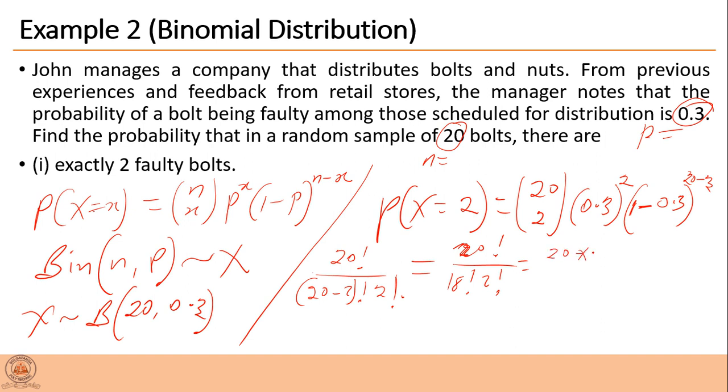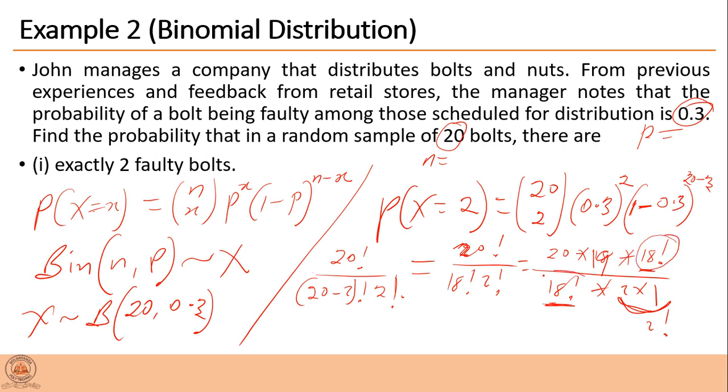So we have 20 times 19 multiplied by 18 factorial, all over 18 factorial times 2 times 1. This is your 2 factorial, and the 18 factorial we have not expanded. The reason I stopped at 18 factorial is because I have 18 factorial down there.